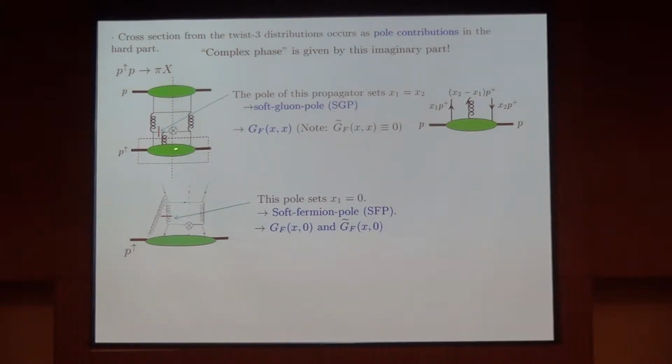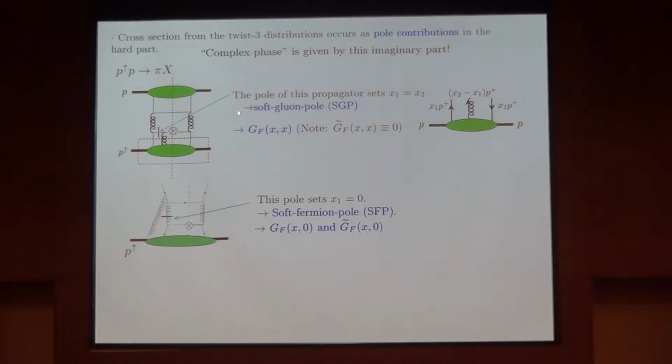If we take the pole part from this internal propagator, it sets x1 equal to x2. Since x1 and x2 correspond to the momentum fractions shown like this, if x1 is equal to x2, then this gluon momentum becomes 0.